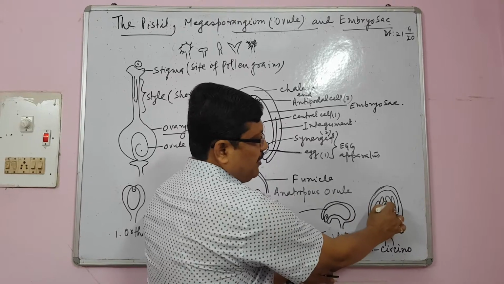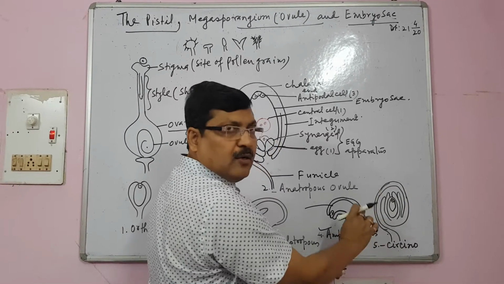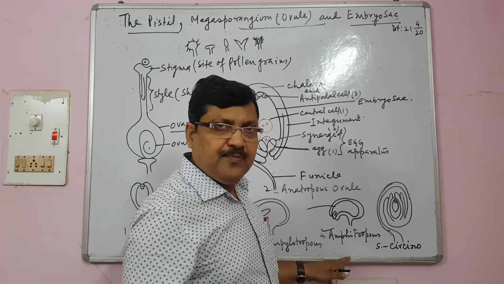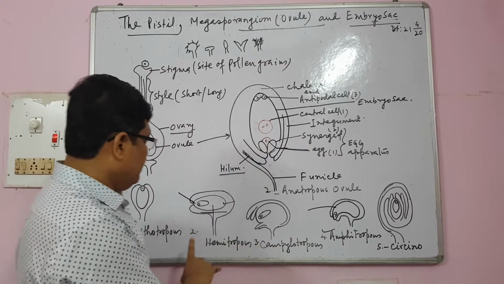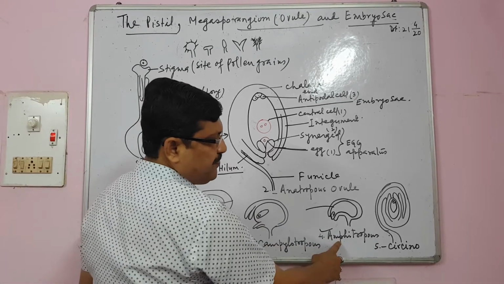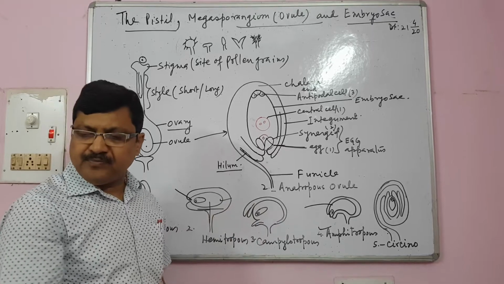And when the embryo sac and ovule is just circulated or coiled, that is called circinotropous. So there are mainly 5 different shapes of the ovule: 1, 2, 3, 4, 5, and this one is additional. Sometimes it happens.